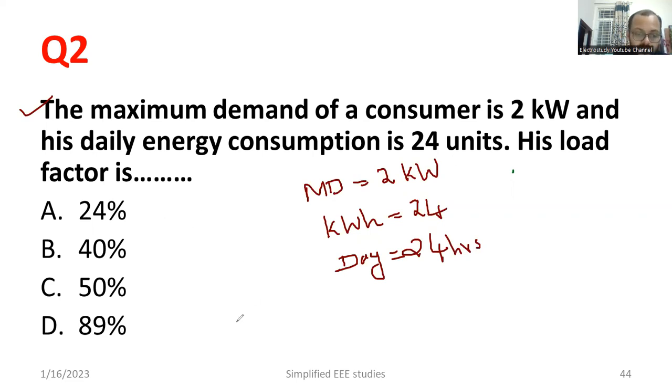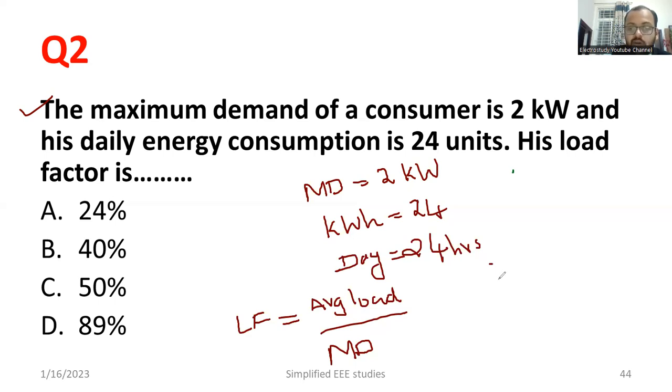His load factor. Load factor in a power system is defined as average load divided by maximum demand. Maximum demand is directly given in the question, that is 2 kilowatts. So we need to calculate the average load. It is a daily average load we have to calculate, because they have given us a day, so we take the reference as a day. In a day, there are 24 hours.